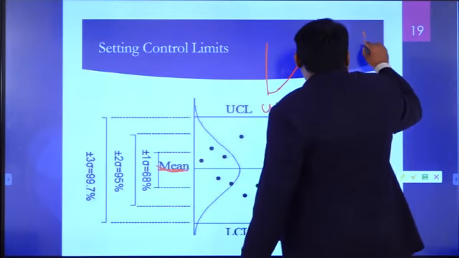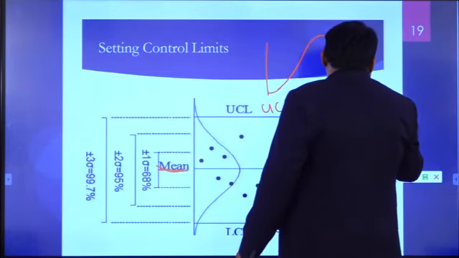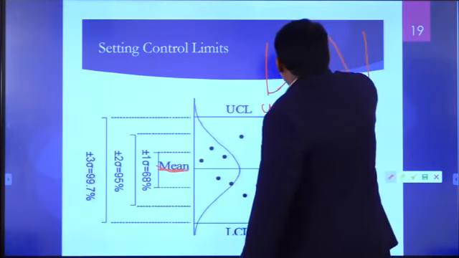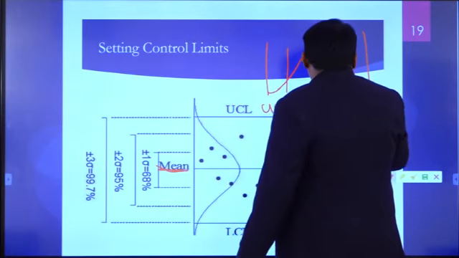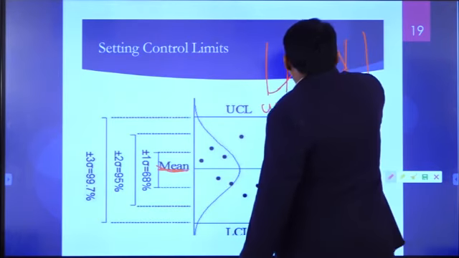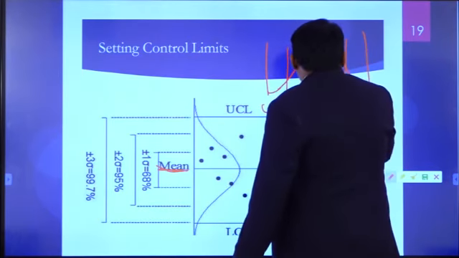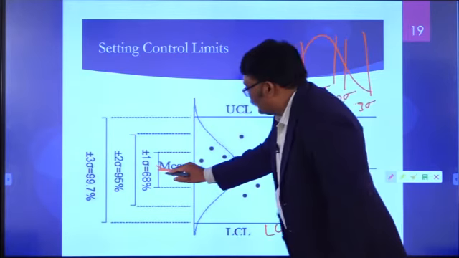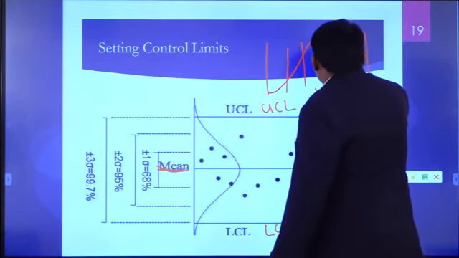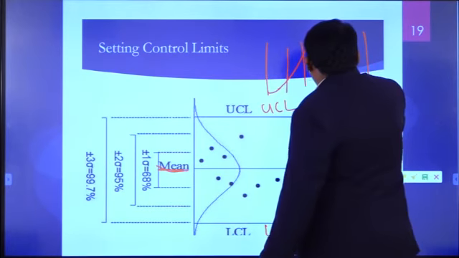This is what is called the 3 sigma level, the next level is the 2 sigma level, and the first level is the 1 sigma level. So, how much is the 1 sigma? 68%.